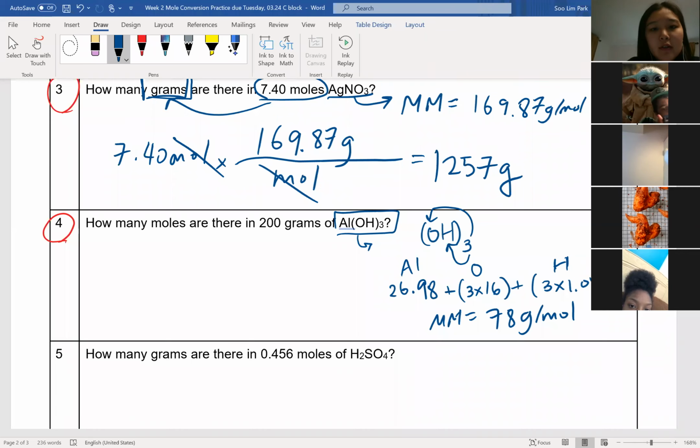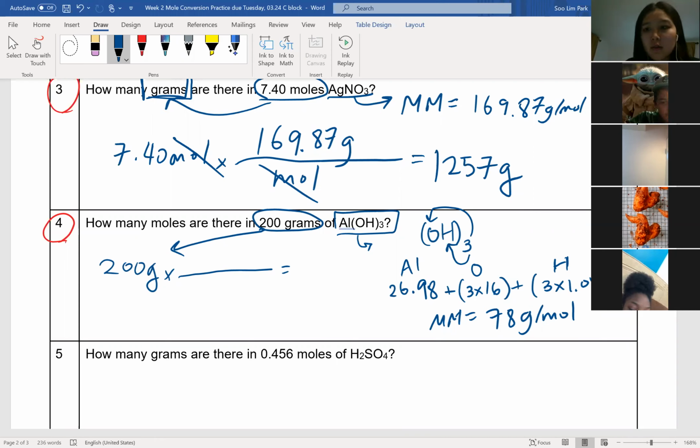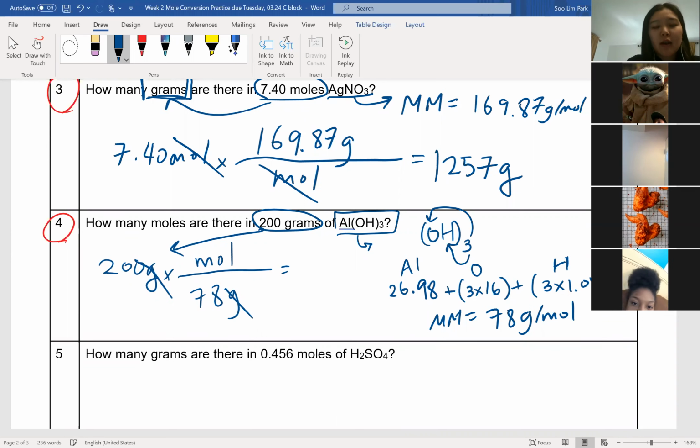We're given 200 grams, so that's our starting point, and we want to get moles. So is this division or multiplication? Are we dividing or multiplying here? Dividing. We want grams to be on the bottom and mole to be on top because we want grams to cancel out, right?